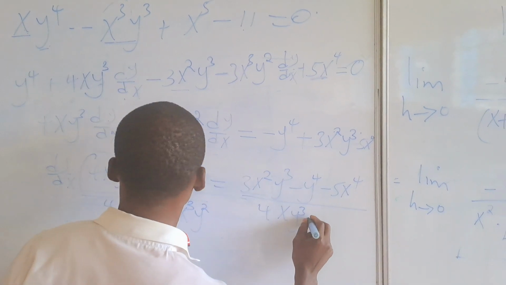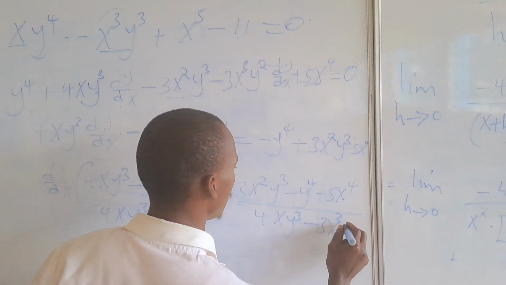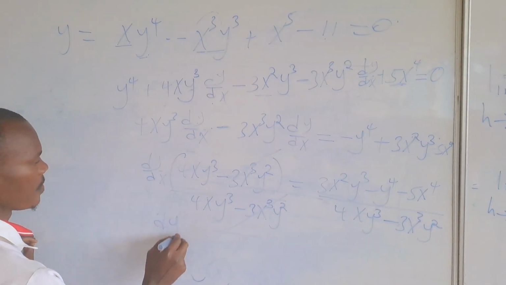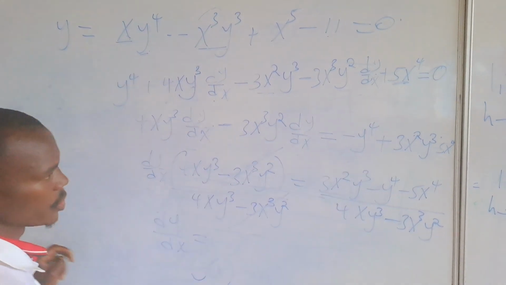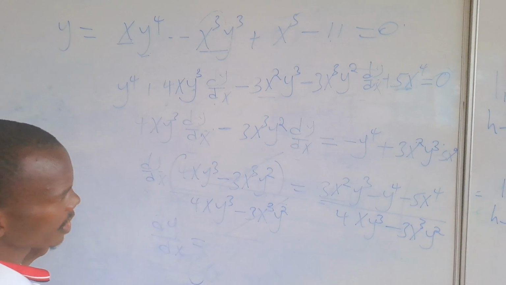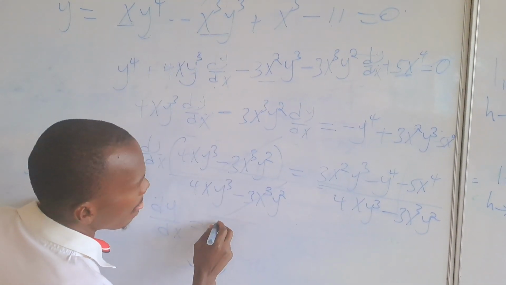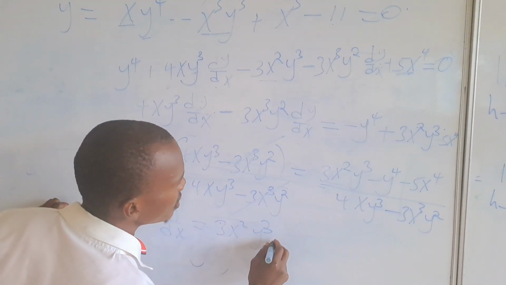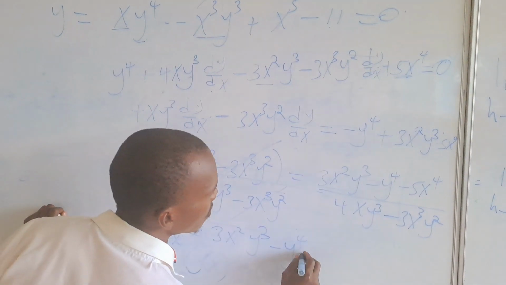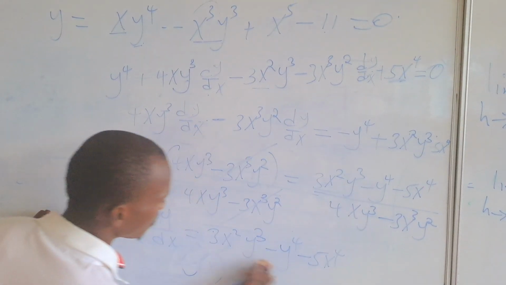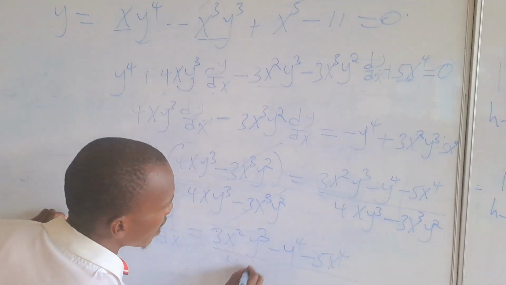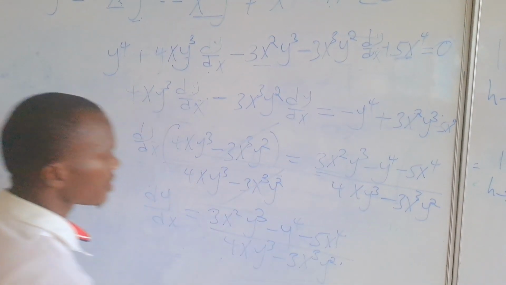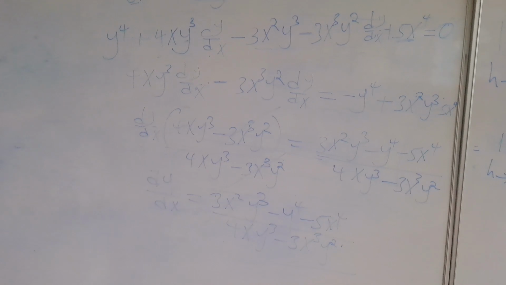So dy dx will be equivalent to 3x squared y cubed minus y raised to power 4 minus 5x raised to power 4 over 4x y cubed minus 3x cubed y squared, and that becomes your answer, because nothing you can factorize.